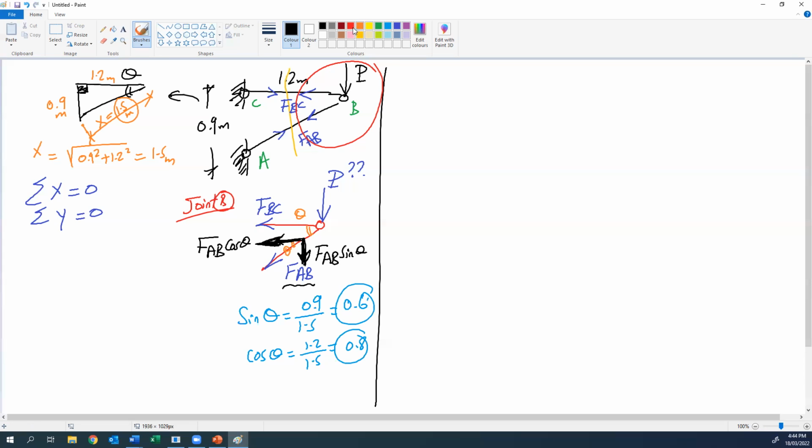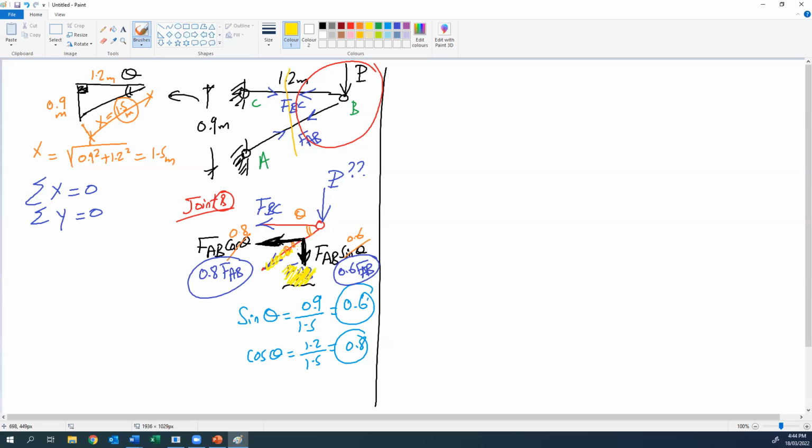When we replace cosine with 0.8 and sine with 0.6, these two components become 0.8 FAB and 0.6 FAB. Okay, and now no need for the force itself. So we have two components, vertical and horizontal, for the force.